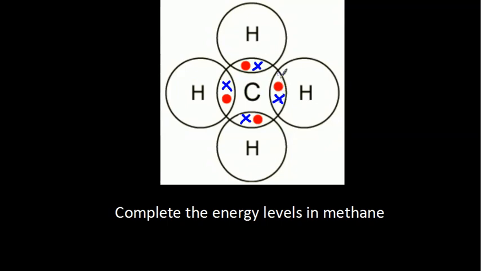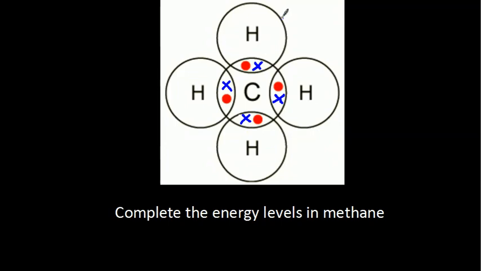Now, let's assume that we've got our central carbon atom and we've got a red dot in each. Carbon is in group 4. It has 4 outer electrons. We are not interested in what is inside, but it has 4 electrons on its outer shell, and it's bonded to 4 hydrogen atoms.